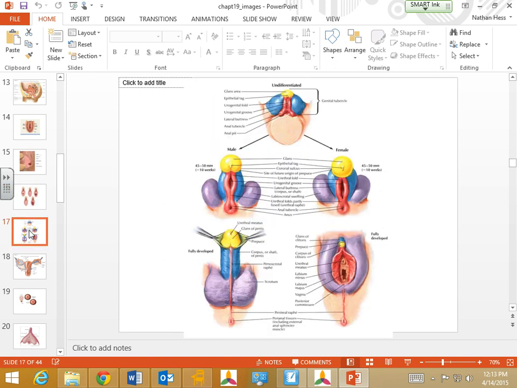We talked about how you started as the same. Whether you're male or female, our genitals started the same, and then differentiated. This is about 10 weeks into the development, where they look still pretty similar, right? This middle picture. But you're starting to see some differences happen. And then certainly by the end, you get those significant differences.